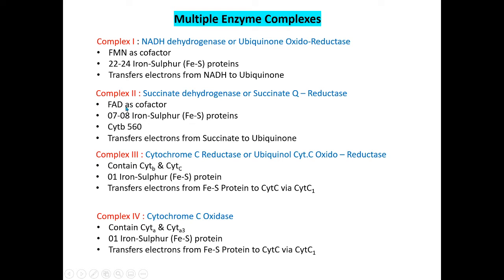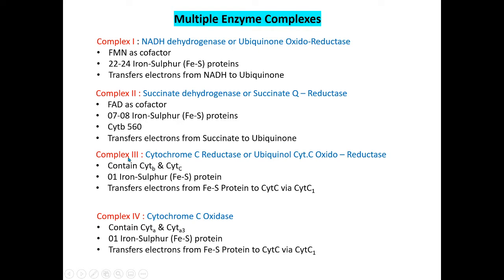It has flavin adenine dinucleotide as a cofactor or prosthetic group, and it has 7 to 8 iron sulfur proteins in 3 clusters, and it also has a cytochrome B560. This complex transfers the electrons from succinate to ubiquinone.